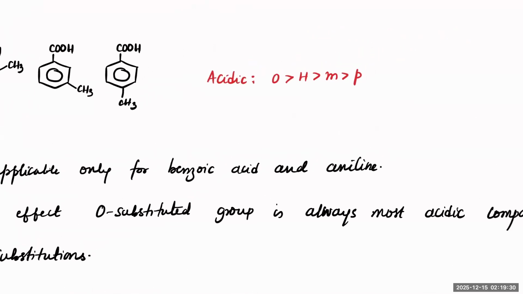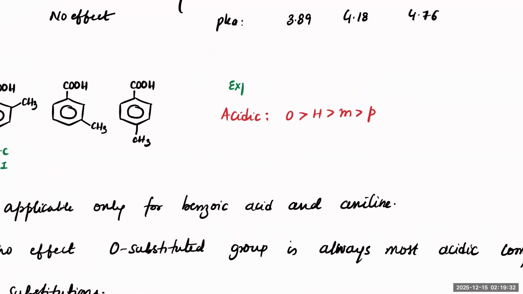Okay, so the expected acidic strength should be hydrogen, then meta, then para, and least should be ortho. But what has been noticed is that the ortho has the highest, the rest will follow the same order.